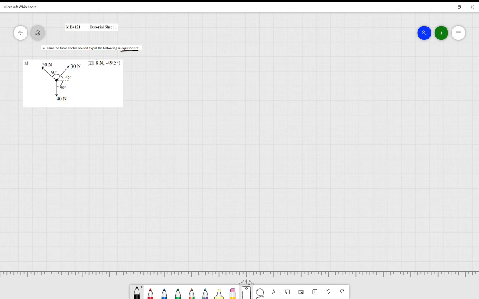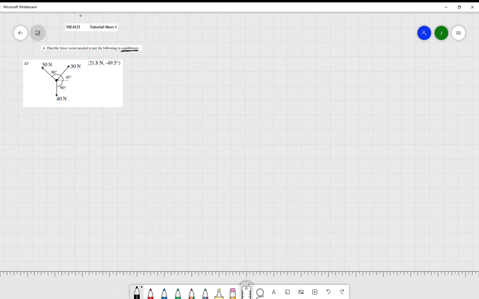It follows the same steps as question 3, in that you find your resultant either through trigonometrical or graphical methods, and then apply an equal but opposite. As always, you just want to follow these steps and it'll make things just that little bit easier.